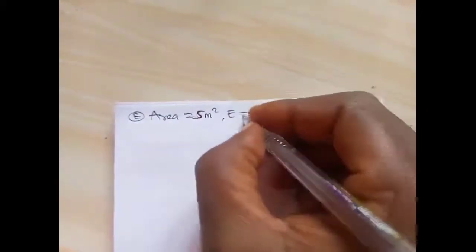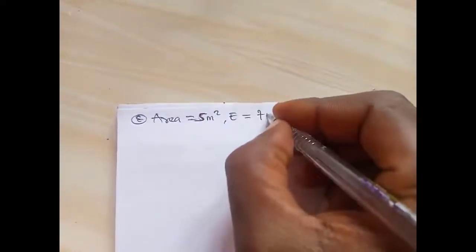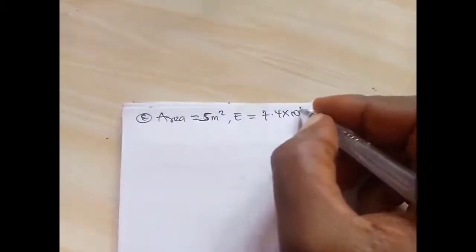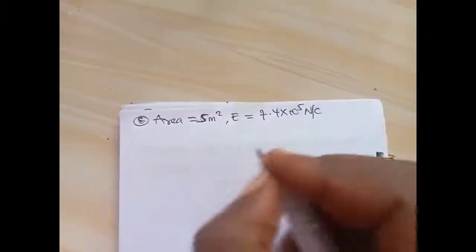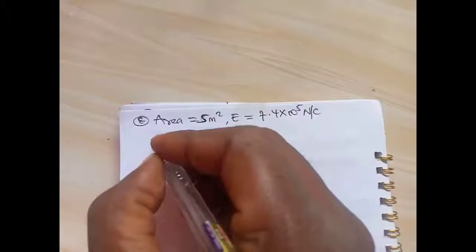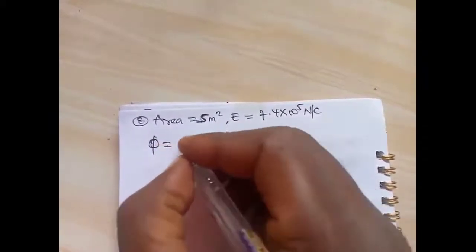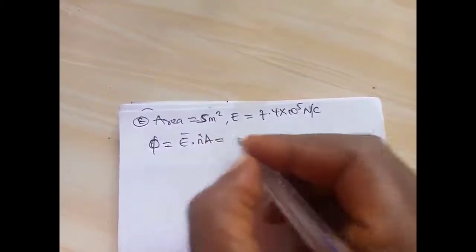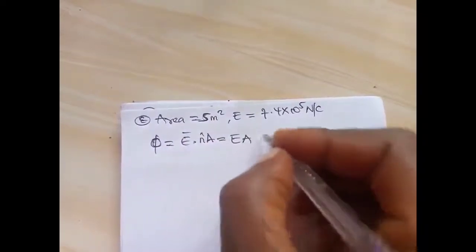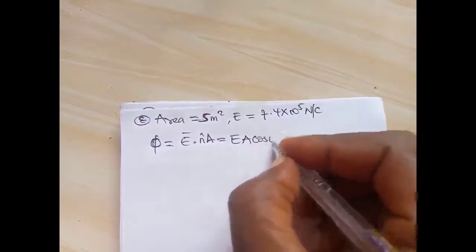So we begin. For C, we have that area is 5 meters squared and the electric field is 7.4 times 10 raised to power 5 Newton per coulomb, and then we know that the flux, let's begin with this, flux is equal to E dot NA, which is also equal to electric field times area times cos theta.